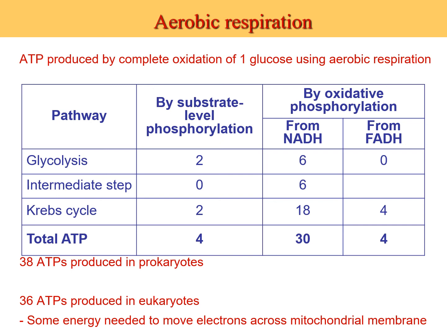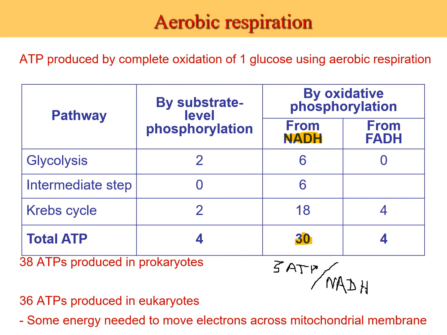Here we had 10 NADHs produced, and you end up with 30 ATPs, because 1 NADH can generate 3 ATPs in the electron transport chain, and 2 ATPs will be produced per FADH2 produced, and that's why you have 4.